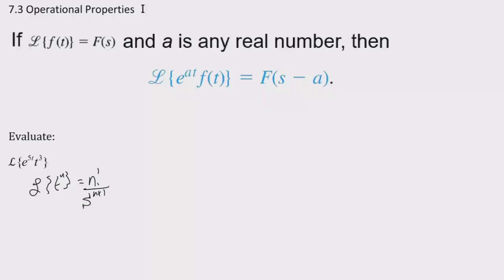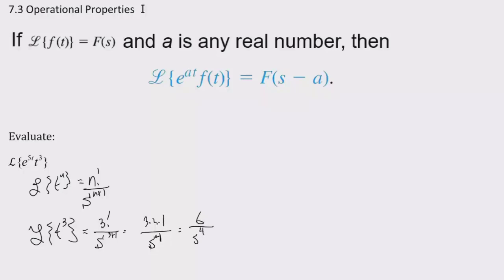So t cubed would be 3 factorial over s to the 3 plus 1, which would give us s to the 4th in the denominator, and 3 times 2 times 1, so that's 6 over s to the 4th.